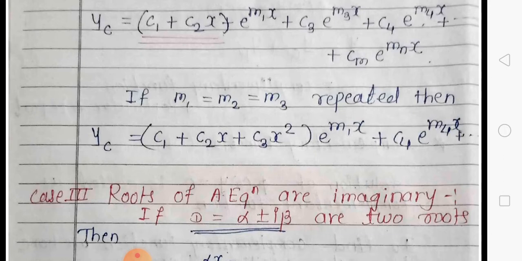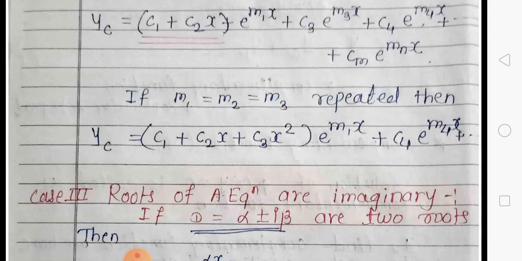Therefore, we take the coefficient of e raised to m1x as c1 plus c2x. If three roots are repeated, then we write c1 plus c2x plus c3x square. And all other terms are the same. Here the non-repeated roots are m3, m4 up to mn.